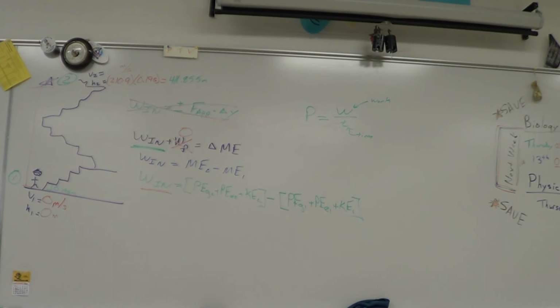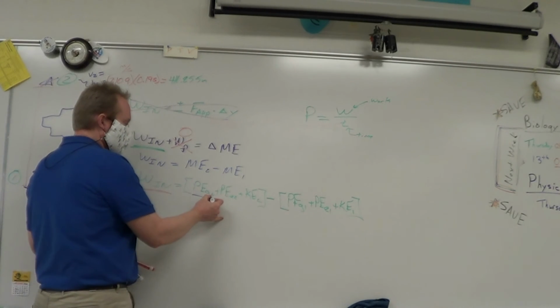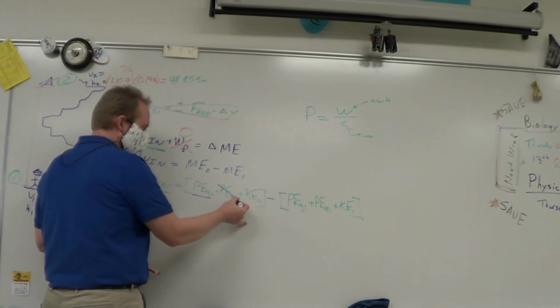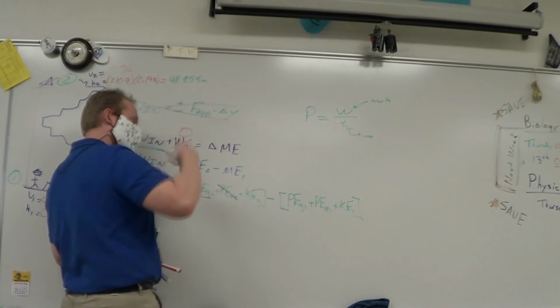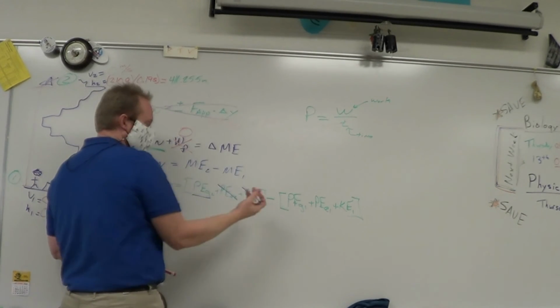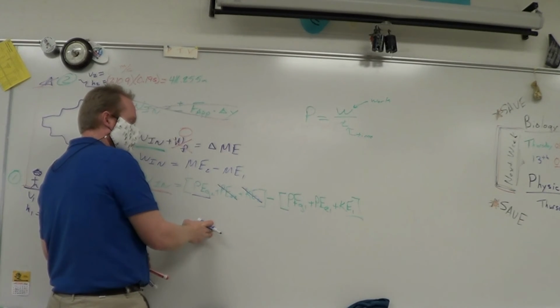So, for height, is there a height? For potential elastic, is there a compressed spring? For KE, is it moving? And we ask ourselves those three questions at both locations. And yes, we have a height at location 2. There was no spring at location 2. We said that once you get to the top of the steps, you stop moving upwards.